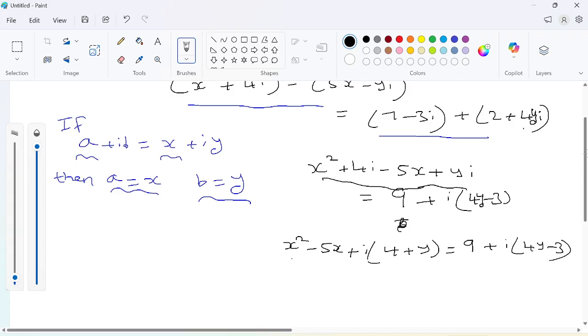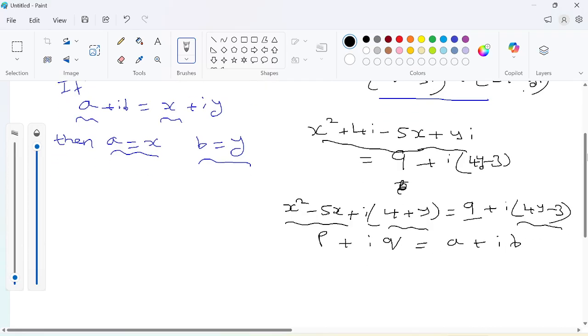Now this is in the form of p plus iq, equal to a plus ib. Now this is a, this is b, the imaginary part. As I told, if two complex numbers are equal, then equate the real parts and equate the imaginary parts. So here p equals a and q equals b.